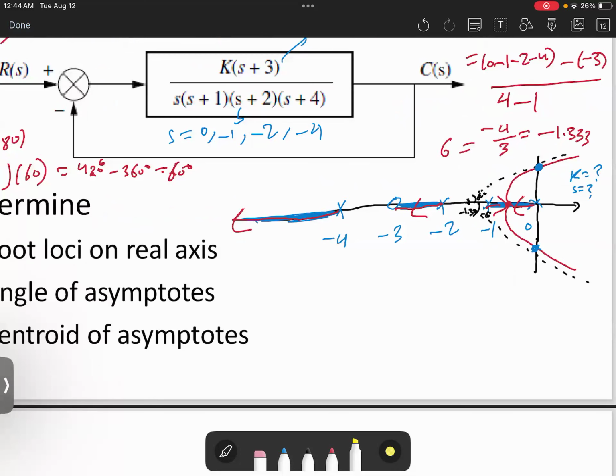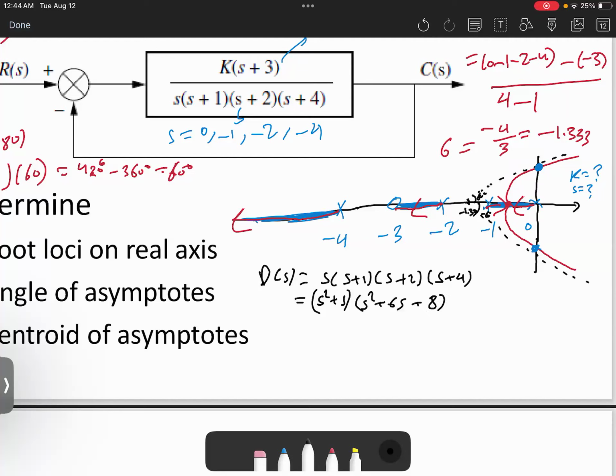Basically, we need to multiply out the denominator to find the characteristic equation. The denominator D of s is s plus 1, s plus 2, s plus 4. Let's multiply: s squared plus s, then s times s, s squared, plus 2s plus 4s, 6s, plus 2 times 4, which is 8.